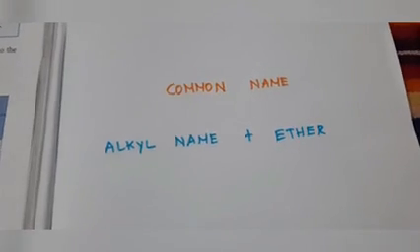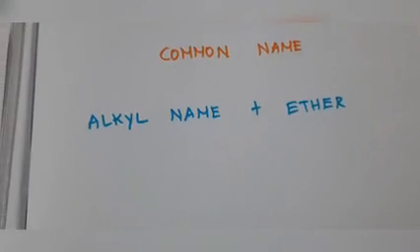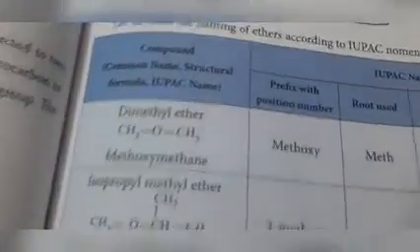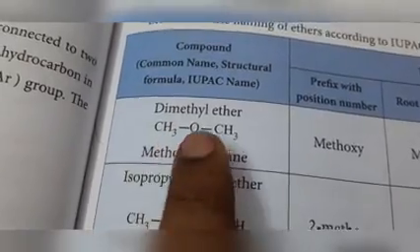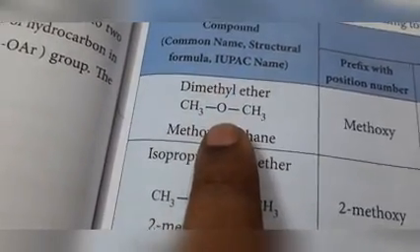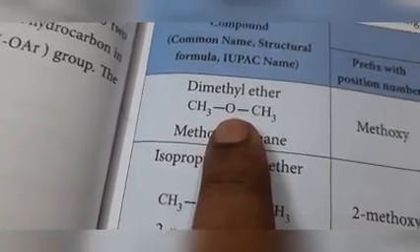For that you have to know one formula. That formula is alkyl name plus ether. See one example. See the first compound, CH3OCH3. This is ether. The common name is dimethyl ether, because the formula is alkyl name plus ether.